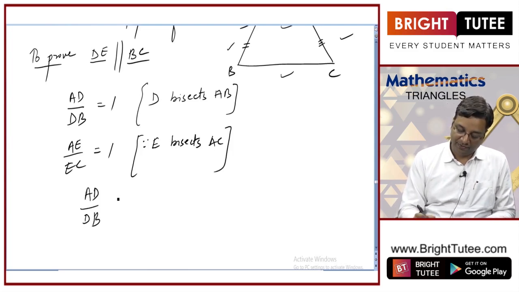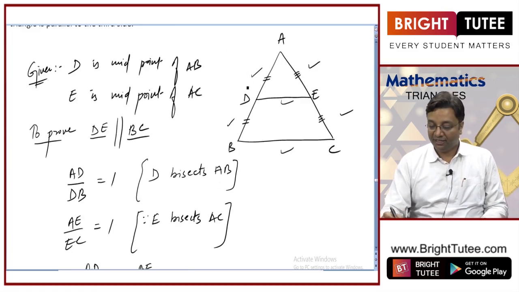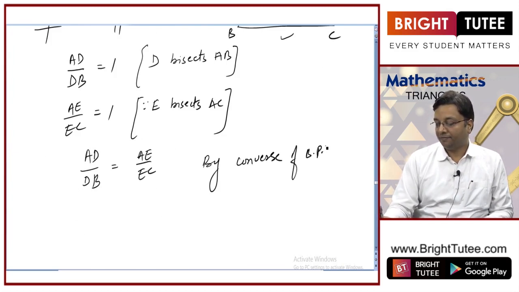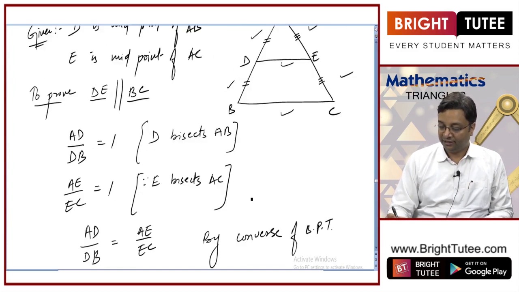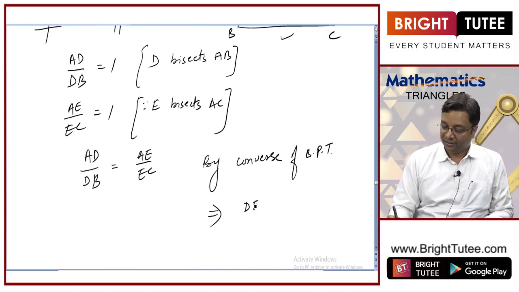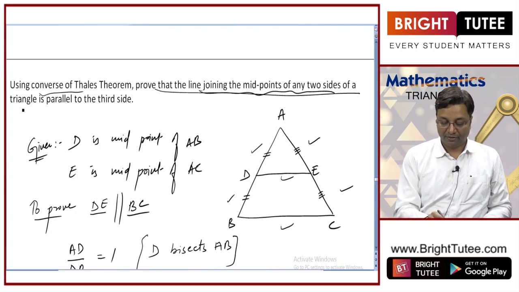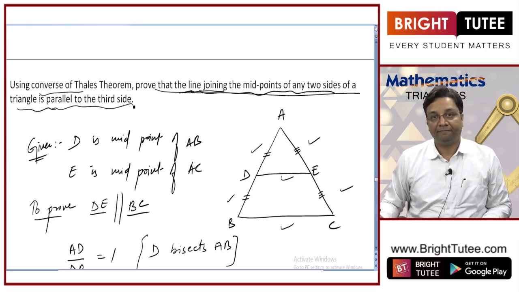AD by DB is equal to AE by EC, and if these ratios are equal, then by converse of BPT we can say that DE is parallel to BC, hence proved, right. The line joining the midpoints is parallel to the third side, right.